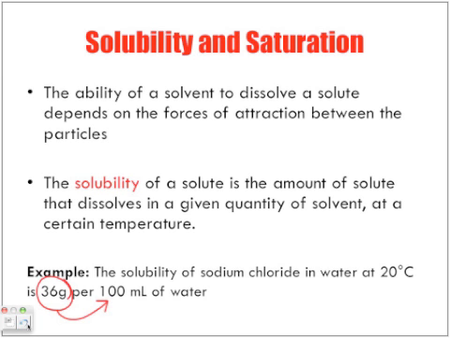So if I had, let's say, 40 grams of salt in the same 100 milliliter beaker of water, I will only be able to dissolve 36 grams, which will leave an excess of 4 grams that will not dissolve. So at 20 degrees, that's the amount. If I want to increase the amount of salt that I can dissolve in water, I'd have to raise the temperature.